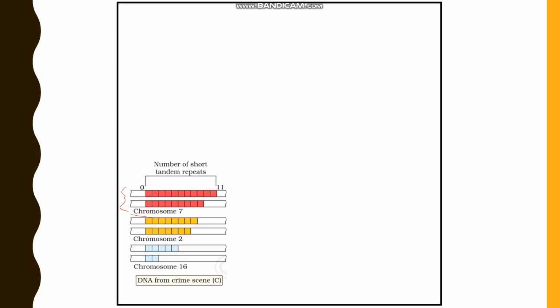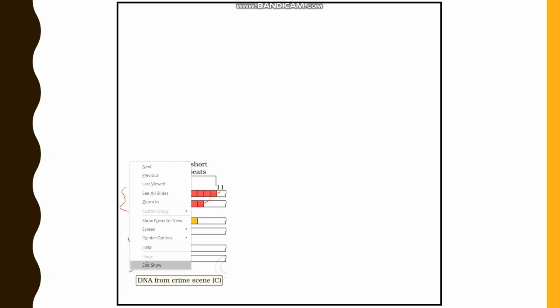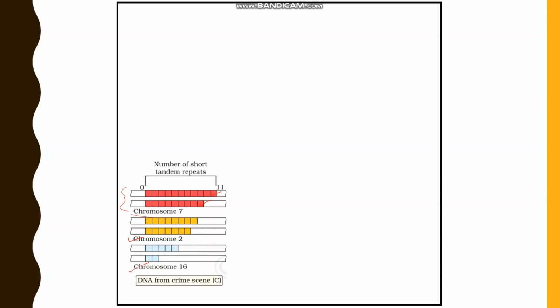See, here it consists of 11 nucleotides, here it consists of 9, and it varies from chromosome to chromosome. These two represent chromosome number 2, and this pair represents chromosome number 16. So like this, different chromosomes consist of different VNTR sequences.